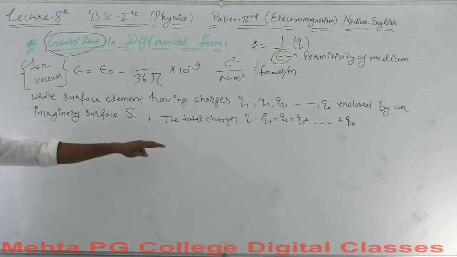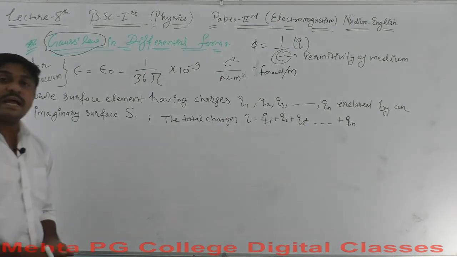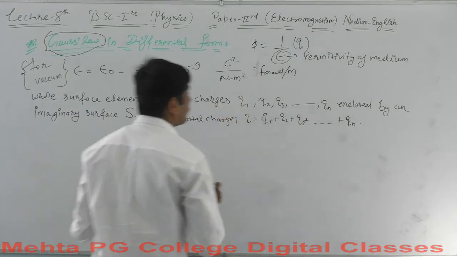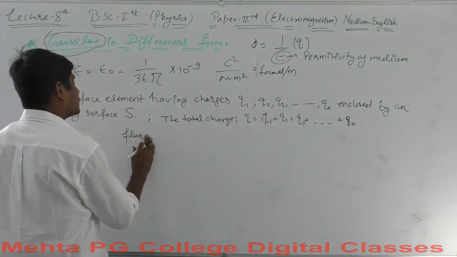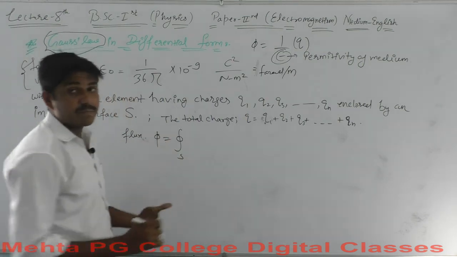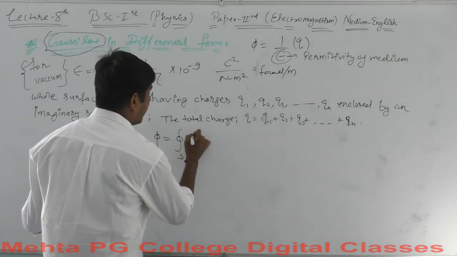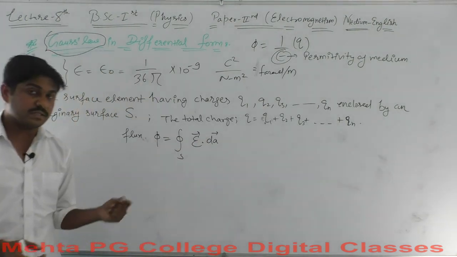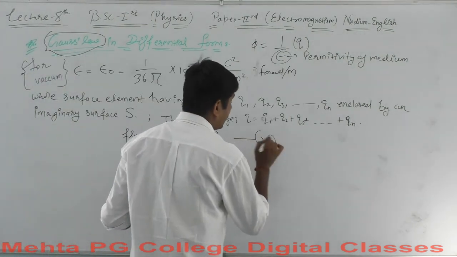When you sum all these charges together, you end up having a flux. So the flux, represented as phi, is equal to the integration over that closed surface, because flux is always represented by a surface, of E vector dot dA vector. This is equation 1.